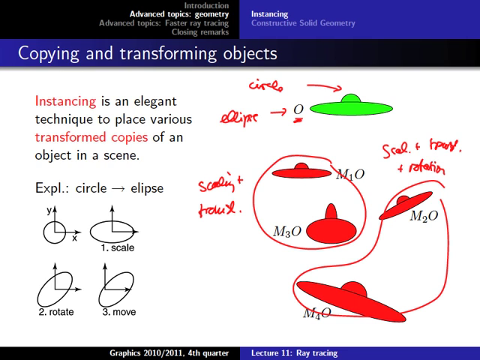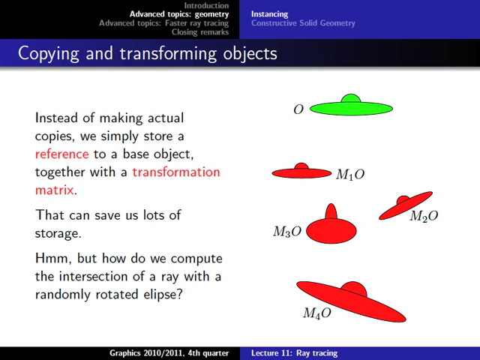That helps us in the creation of these objects, but if we do that in our modeling, we can also save some storage. Instead of storing all those objects explicitly, we can just store the basic object that we use for the creation and store the transformation matrices that we use to create them. Depending on how we model that and what we want to do, for example, if we have a whole fleet of these flying saucers, we can actually save some storage with that.